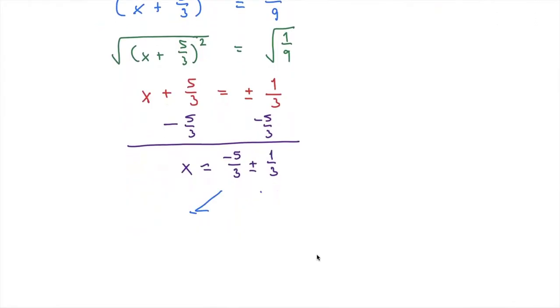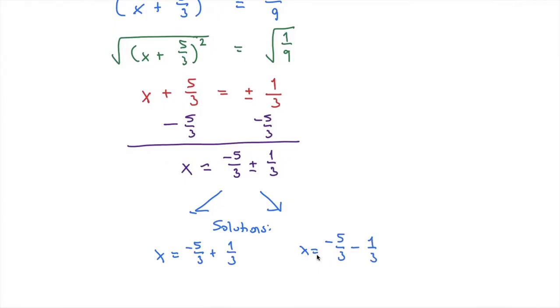So just draw an arrow, draw an arrow. These can be our solutions. We're going to have x equals -5/3 plus 1/3, and then x equals -5/3 minus 1/3. Okay, there we go.